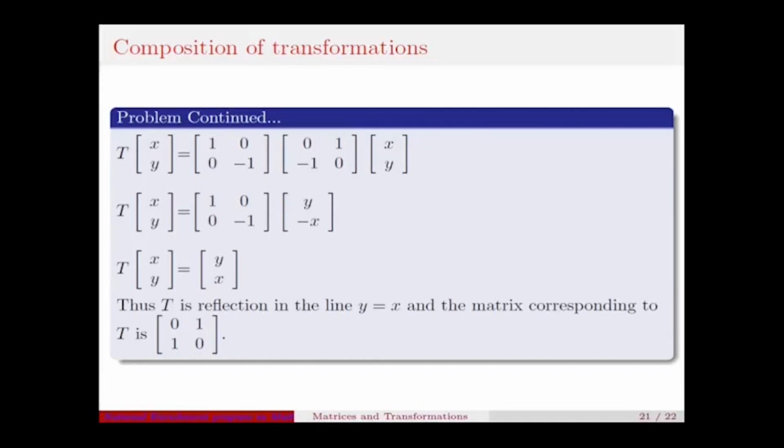And the matrix corresponding to T is 0, 1, 1, 0. This is the matrix corresponding to reflection. Also, you will get this matrix by multiplying these two matrices. So T is the resultant transformation and we have also found the matrix corresponding to this transformation.